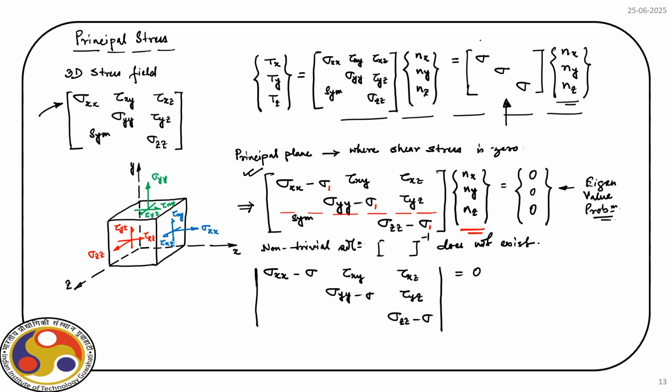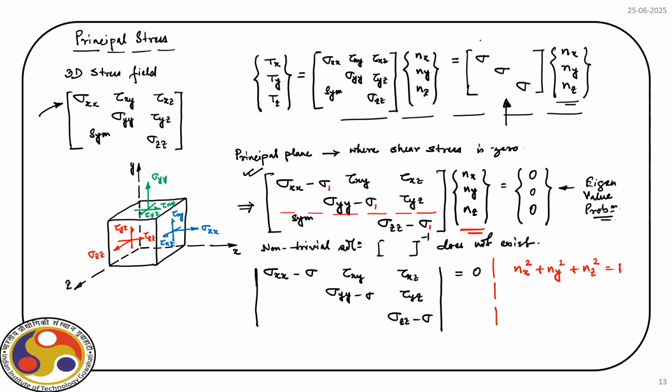You can take any 2, and then we also know there is a property of direction cosines: nx square plus ny square plus nz square is equal to 1.